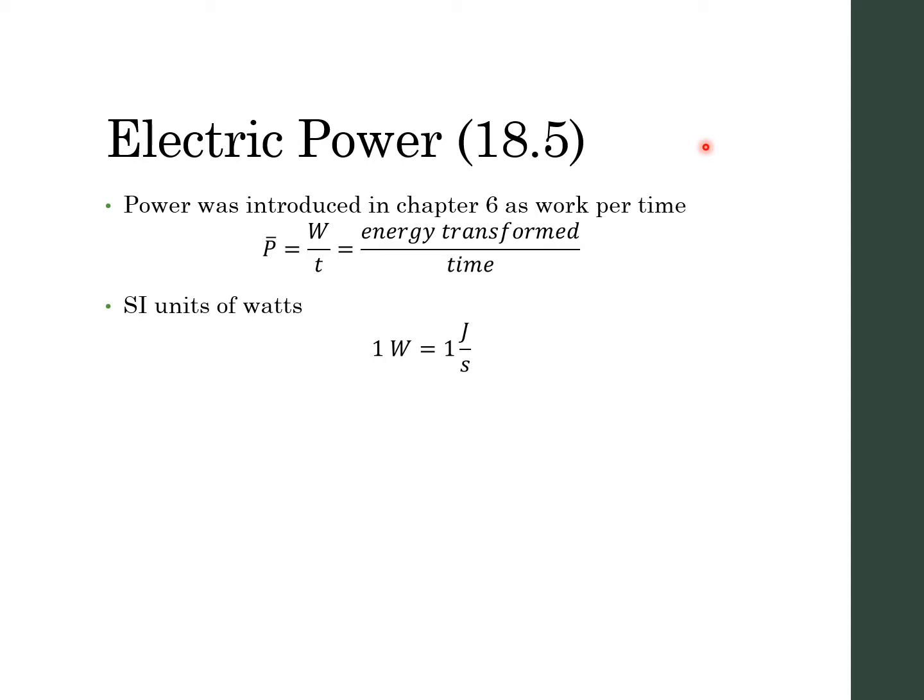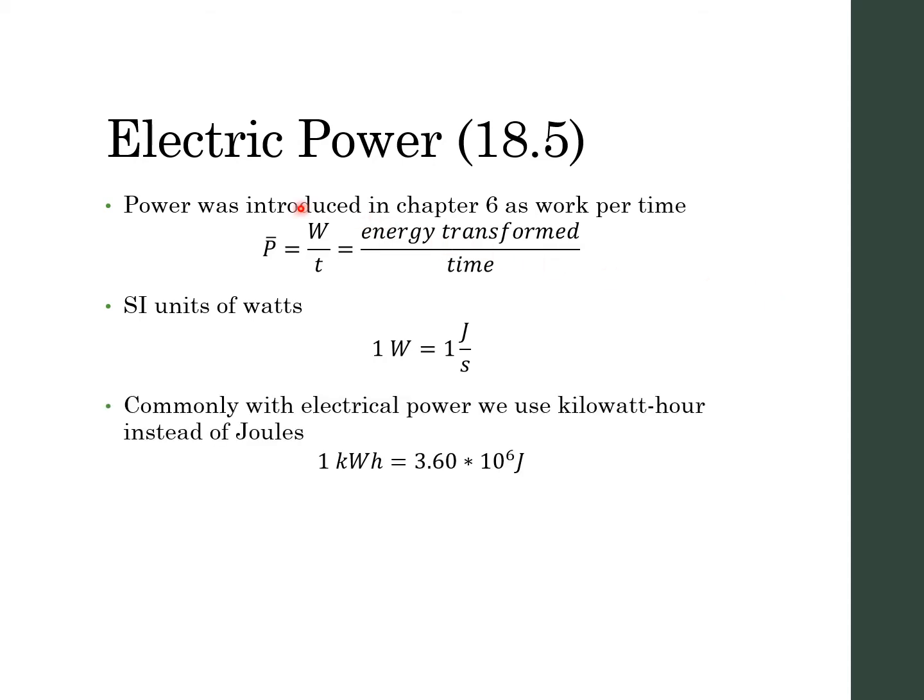So what we're going to be building up to is trying to figure out how can we go from work to electric-based information. But right now we're just kind of recapping on power stuff. And so with electric power, something that we're going to be seeing rather frequently is kilowatt hours instead of joules.